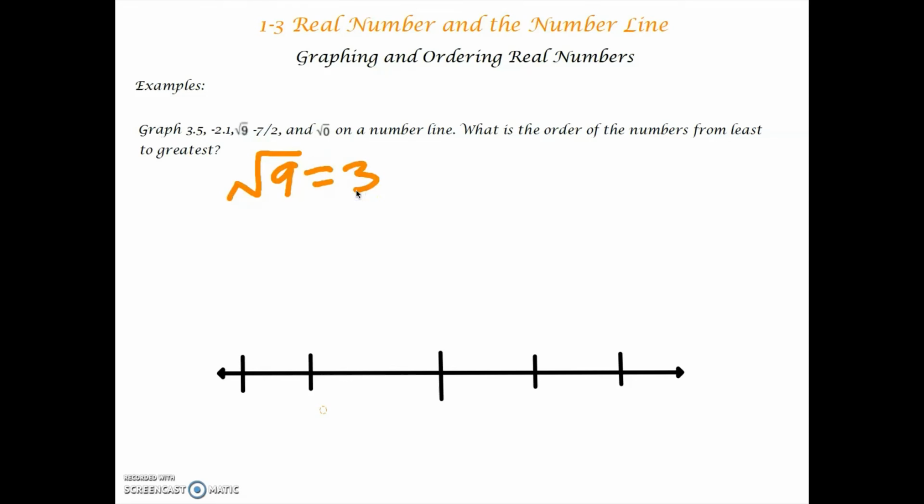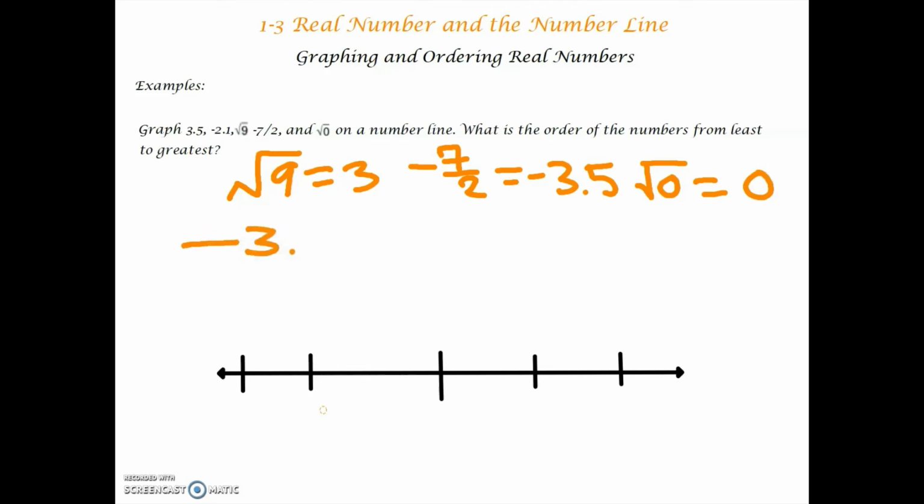Negative 7 over 2 becomes negative 3.5, and the square root of 0 becomes 0. So the numbers from least to greatest would be negative 3.5, negative 2.1, then 0, then 3, then 3.5.